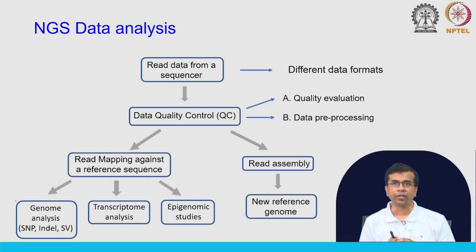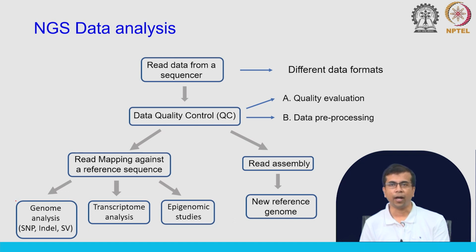Going back to the flow chart for NGS data analysis, we have looked into different types of data in different data formats from different sequencers. Then we have talked about data quality control and we have done that hands on. And in the last few classes we have talked about read mapping against a reference sequence.